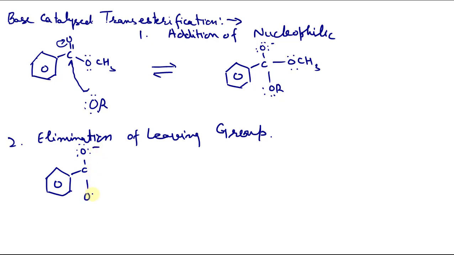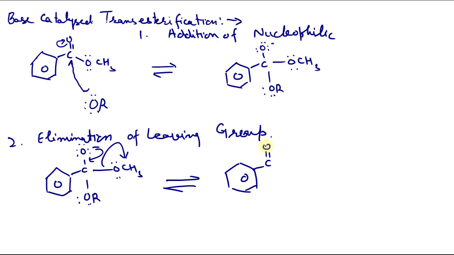CO negative, OR, OCH3. This goes and this goes like this. So you can see overall there is a substitution of one alkoxide group by another alkoxide group, and the reaction is divided into two steps, addition of nucleophile and elimination of leaving group. So this is the mechanism under basic conditions.